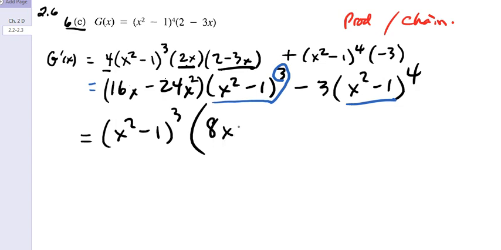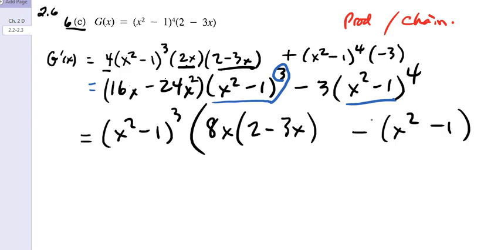So that's 8x times (2 minus 3x), and then minus 3(x squared minus 1). Everyone seeing that? So I took out 3 of these from both of these.